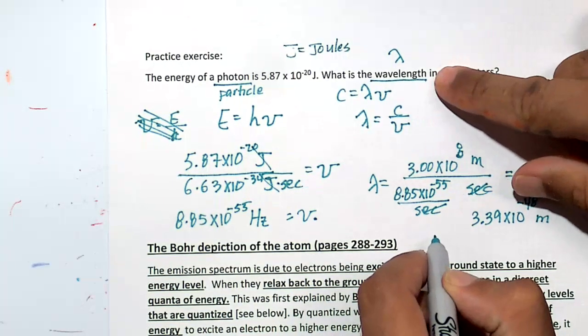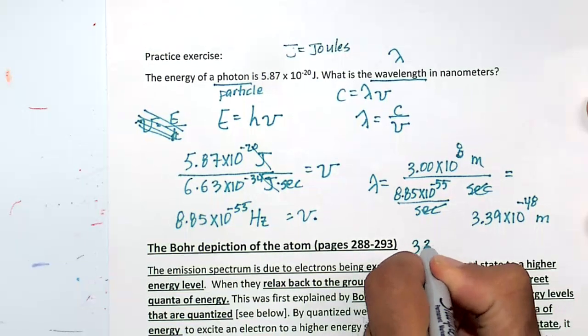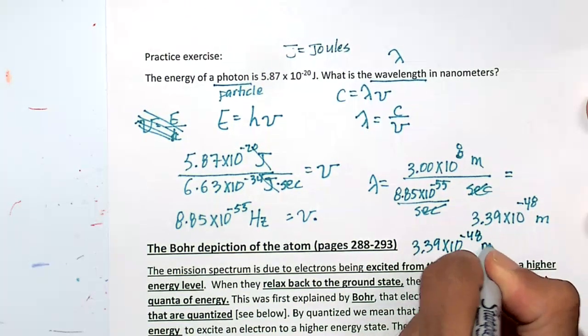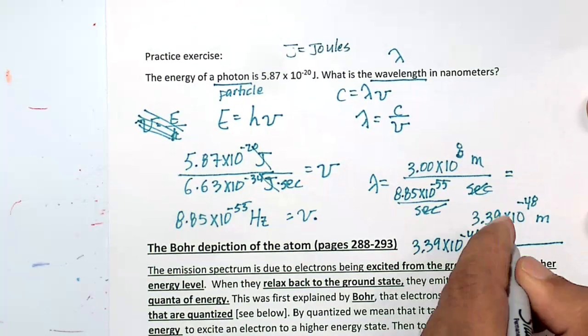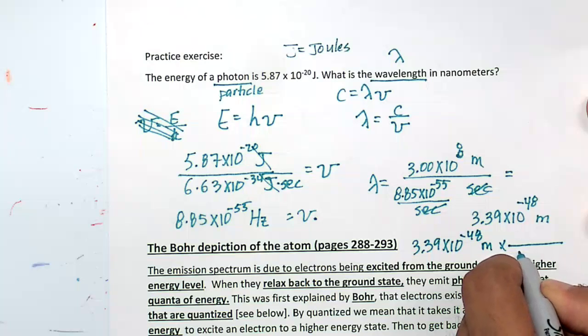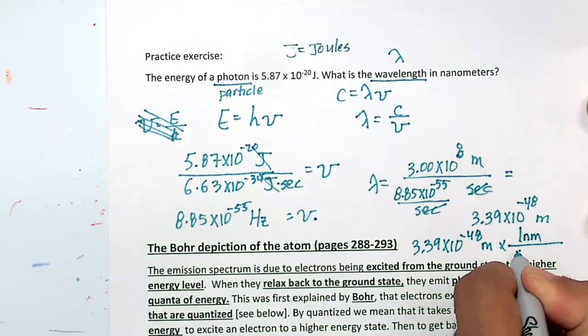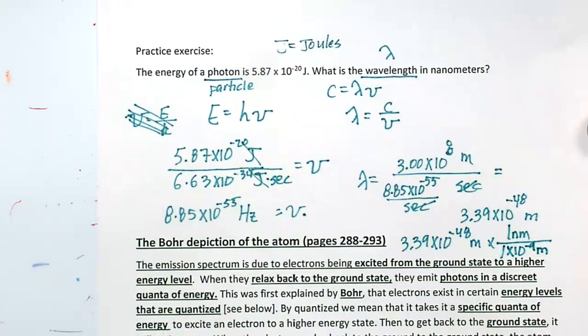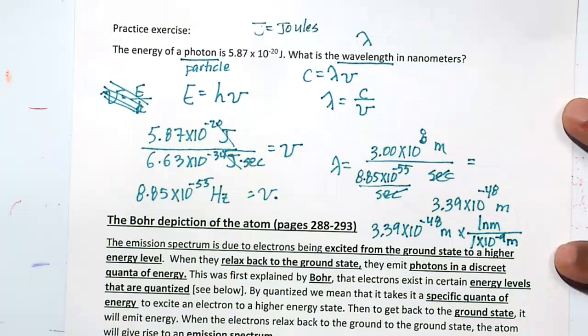And then we want to convert that to nanometers. So 3.39 times 10 to the minus 48 meters. To convert it to nanometers, this is the conversion that you will use. 1 nanometer is 1 times 10 to the minus 9 meters. That's the conversion factor.